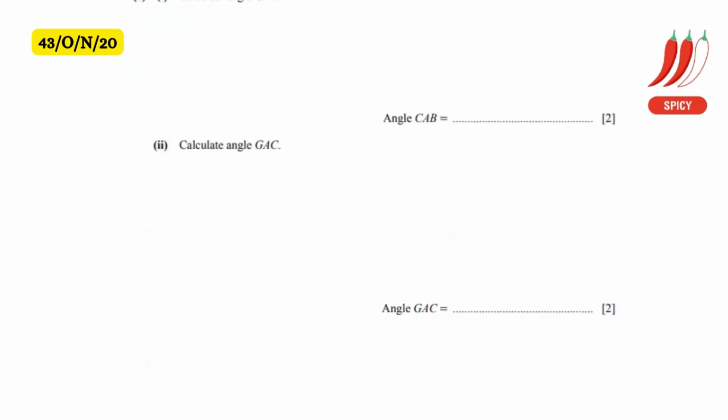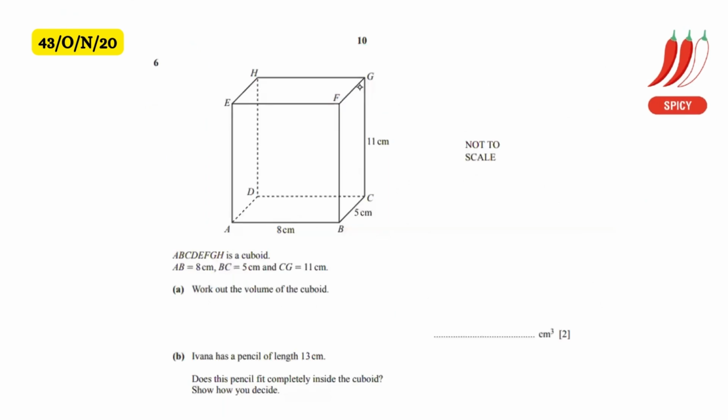Then it says calculate angle GAC. GAC is this angle. So to find this angle, AC was 9.43.